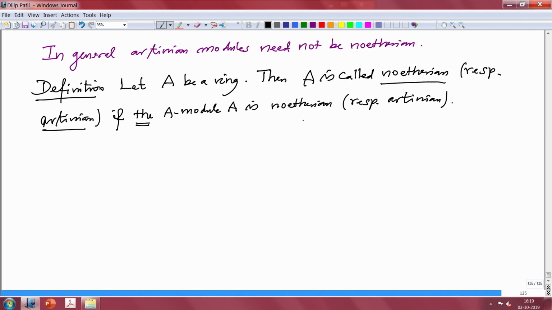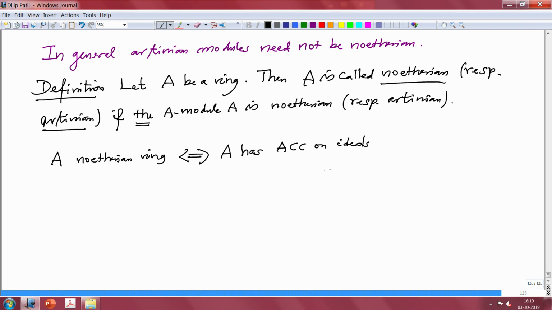And now let us spell out what it means to be Noetherian. A is a Noetherian ring if and only if A has ACC on ideals.